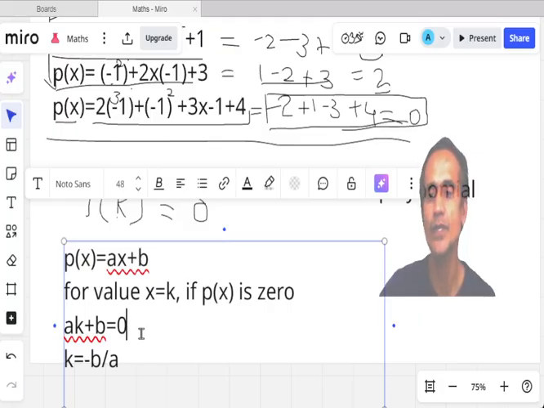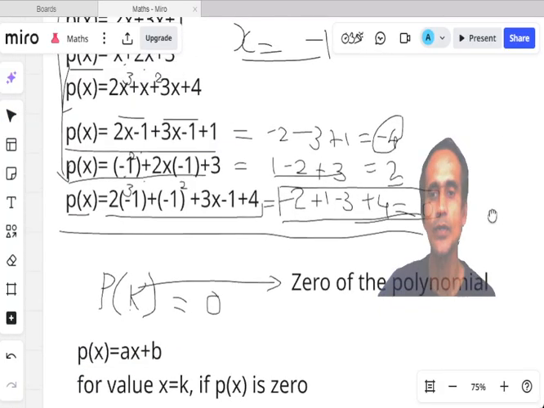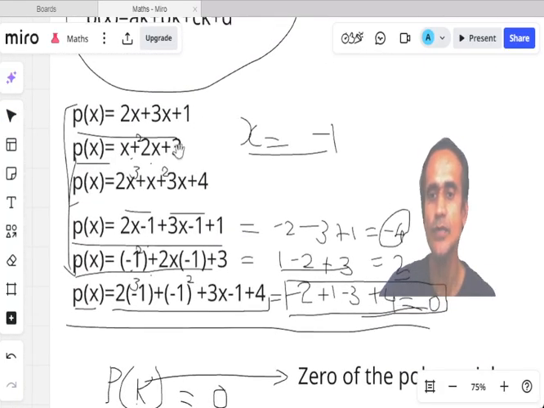Now we have to see what relation exists between the zero and coefficients of the polynomials. Here the coefficient of x square is 1, the coefficient of x is 2, and we have the constant 3.